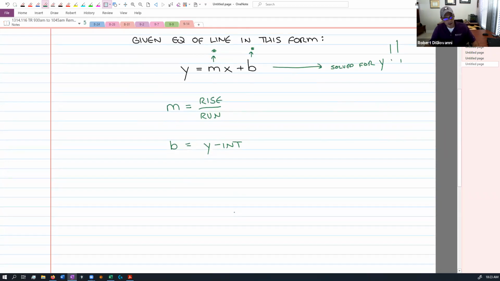So in the problem that I had just done, as an example, I had written and typed in the computer y equals -2/5 x minus 3. By looking at this, I can just see right away that the rise is -2, the run was 5, and the y-intercept was -3. And from that information, we could draw the picture.